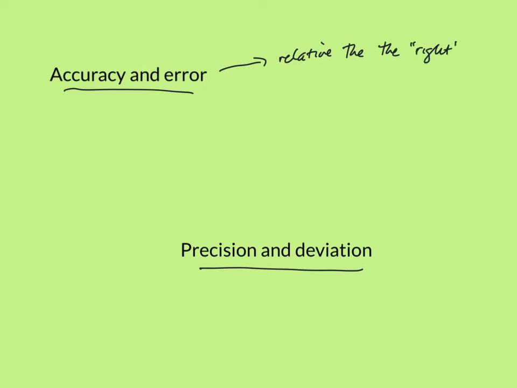I wanted to take the time in this lesson to point out the difference between accuracy and error and precision and deviation. Accuracy and error are determined relative to the right answer or the accepted value. If I were to ask you to take a shot at guessing what my dog's age is, okay?